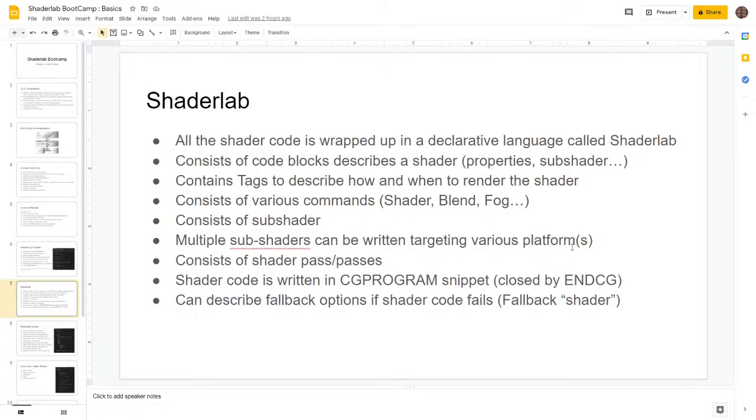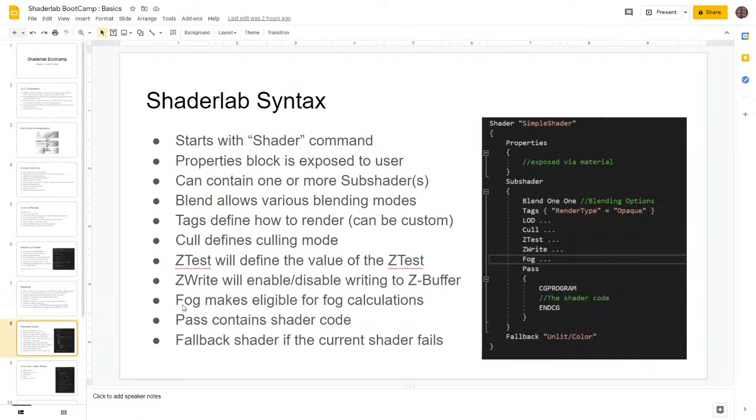And then finally, of course, your shader code is written here, and if by chance nothing works out, then you provide a fallback to the shader. Now we are going to quickly take a look at the syntax. We have a shader command and the name of the shader. Then we have a couple of properties exposed by the material to the developer or user.